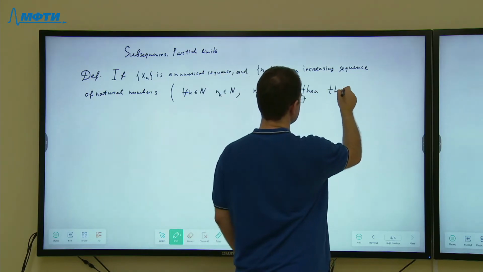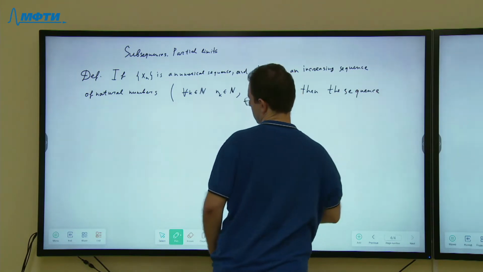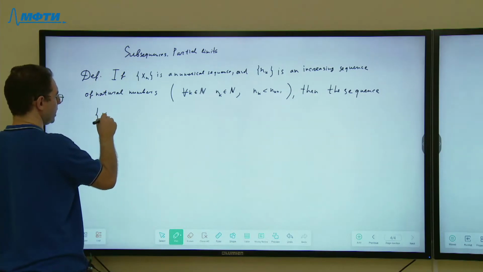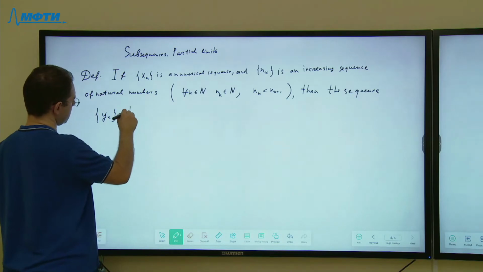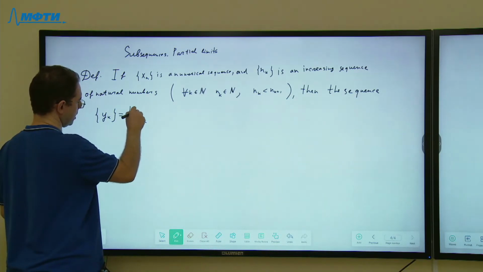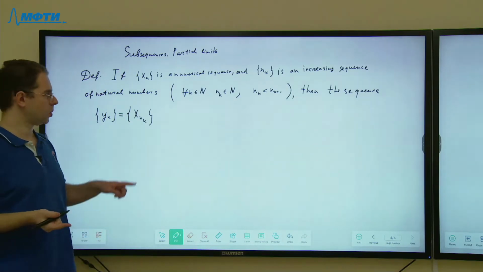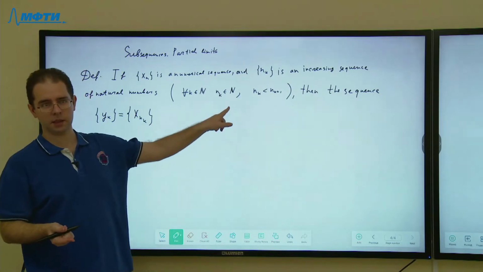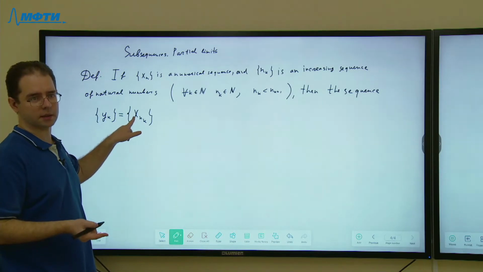Then the sequence y_k, which is constructed as x_(n_k). So for any number k, we take n_k and use it as a number of the term of the sequence x_n.